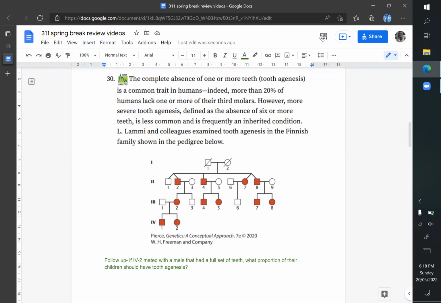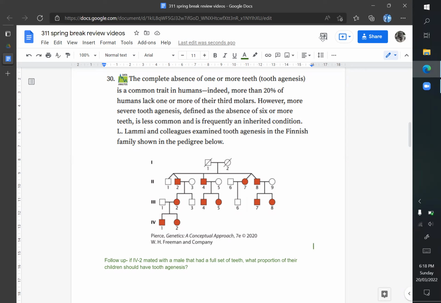It's either dominant or possibly including a Y linkage. So we can determine whether or not it's Y linked very easily, whether or not every male that is affected passes on the trait to every one of their male offspring. And we can very quickly see that this affected male does not pass it on to their affected son.